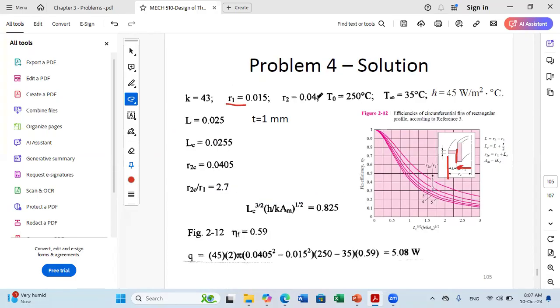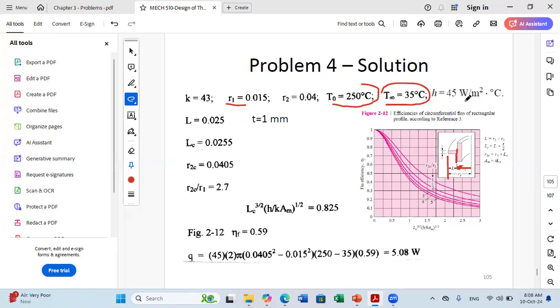Now, we know the temperatures: at the inner side we have a temperature of 250 degrees and the ambient condition is T infinity 35 degrees. So we have all temperatures and the convective coefficient. Everything is known here. We need to determine the heat loss through the fin.